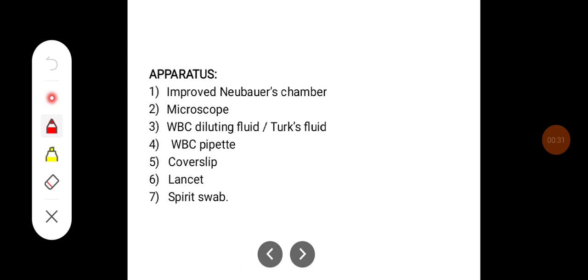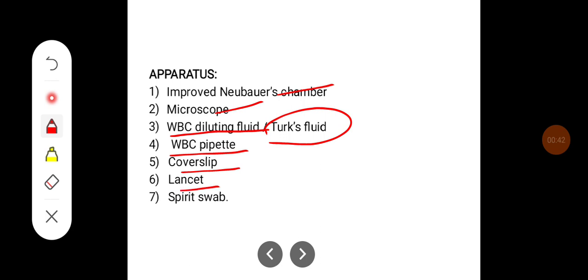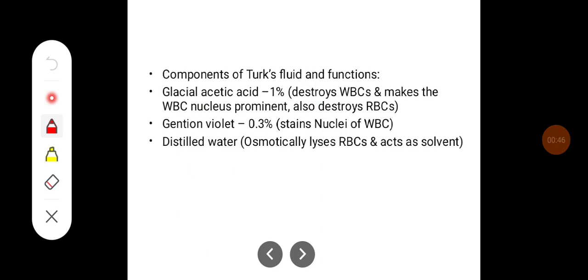The apparatus required are the improved Neubauer's chamber, microscope, WBC diluting fluid, which is also called Turk's fluid, WBC pipette, cover slip, lancet, pricking needle, spirit swab. The components of Turk's fluid and functions are: it contains glacial acetic acid 1%, gentian violet 0.3%, and distilled water.